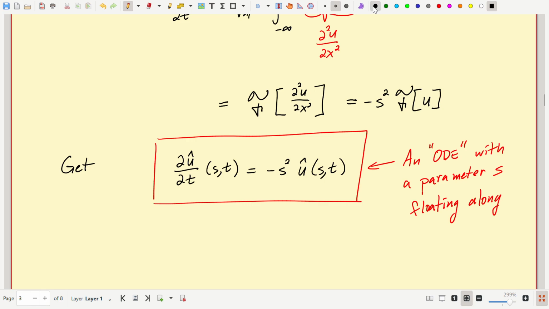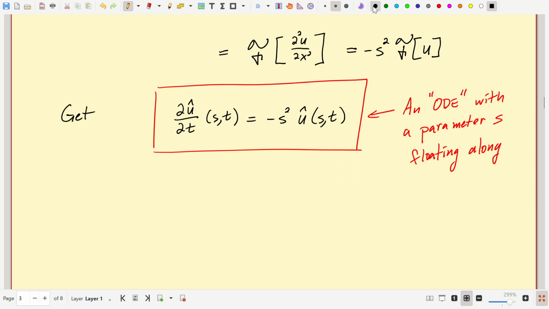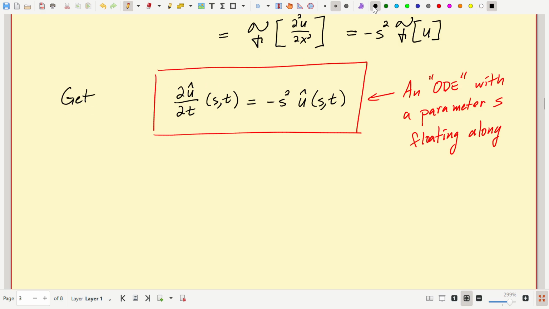And we solved something like it last time. This time, u hat would be complex valued, but that's no big deal. The solution to this ODE is that u hat would be exponential decay. So there'd be a constant here times e to the minus s squared t.